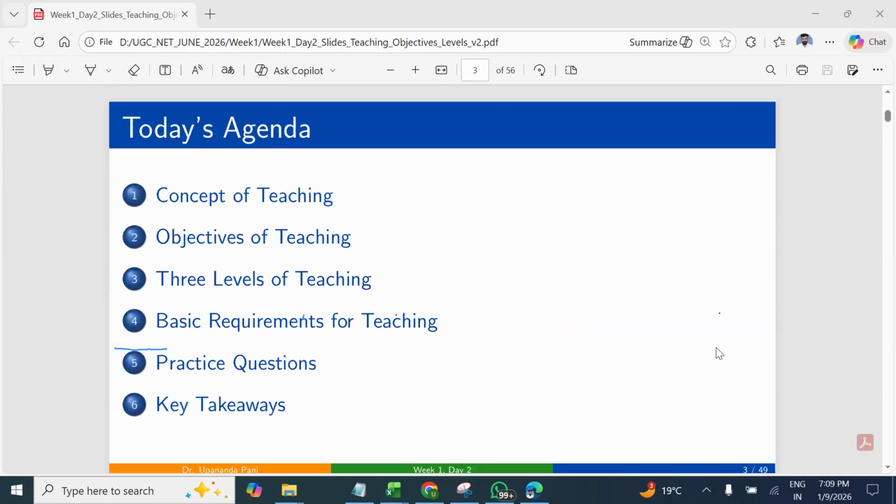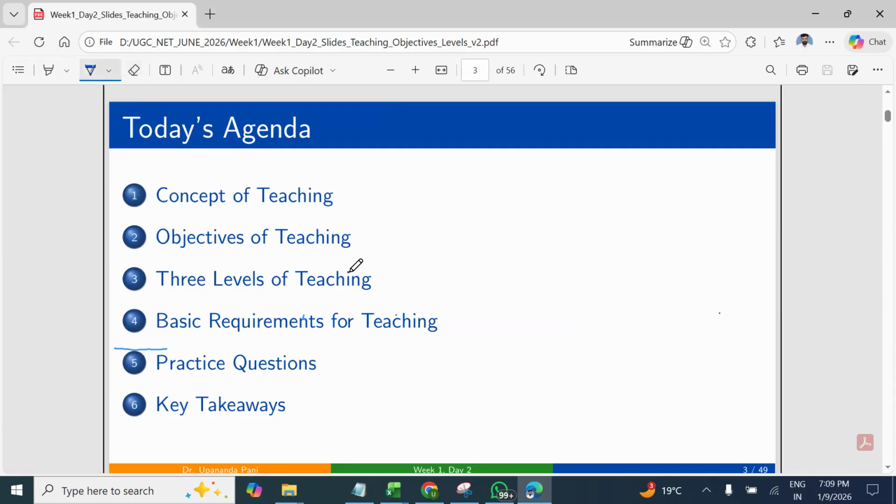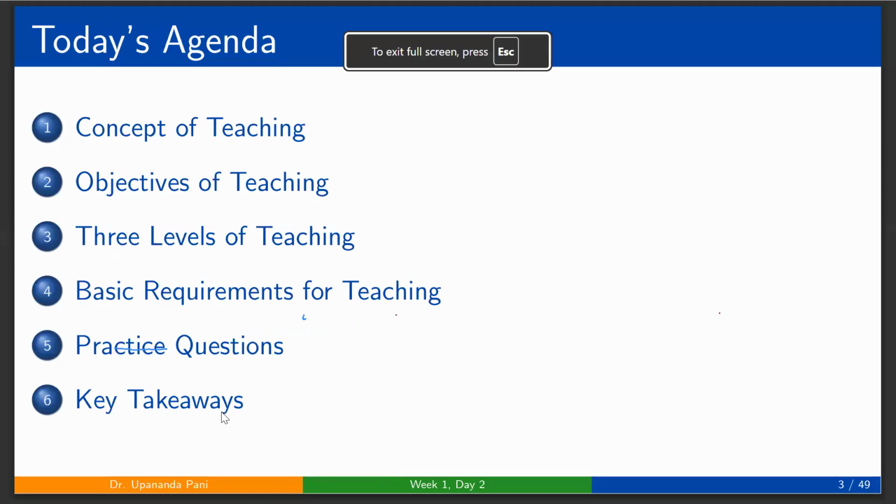Largely, we are going to focus today on the concepts of teaching, objectives of teaching, 3 levels of teaching, and basic requirements for teaching, practice questions, and key takeaways. So let us try to understand each one of them.